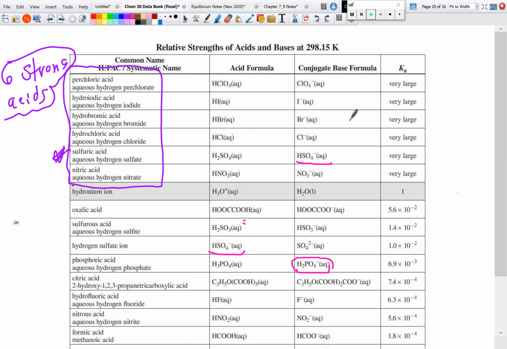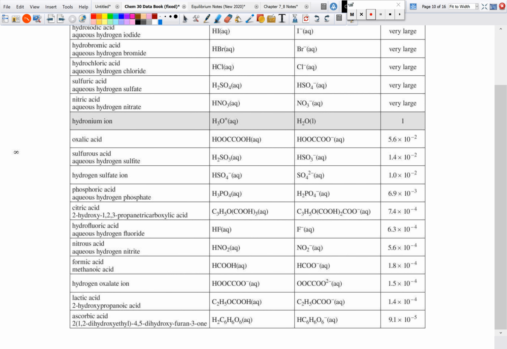So I'll just kind of go back. As long as we had something like, if oxalic acid was our acid and it was reacting with, let's say, the hydrogen oxalate ion, we'll notice that acid is above our strong base. So if we actually had 2 of these reacting, our products favored.